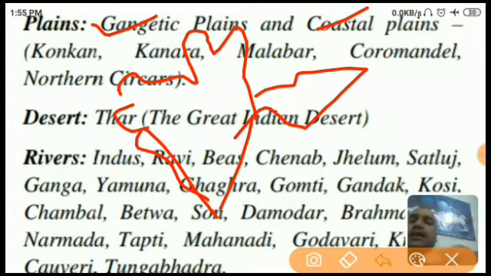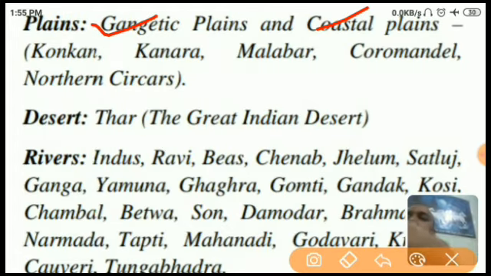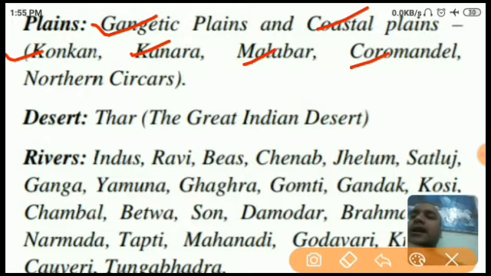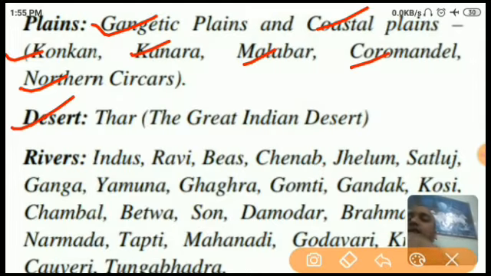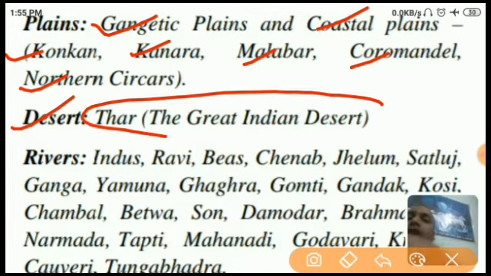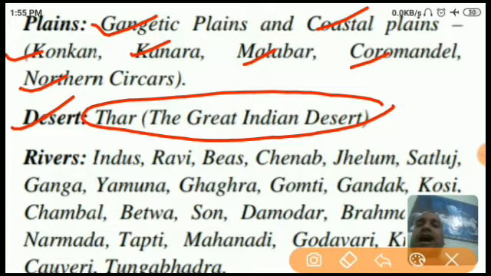These are the Konkan, Kanara, Malabar, Coromandel and Northern Sircars. Next is the desert. There is only one desert, called Thar, which is half in India and half in Pakistan. But we have to locate only the part in India.